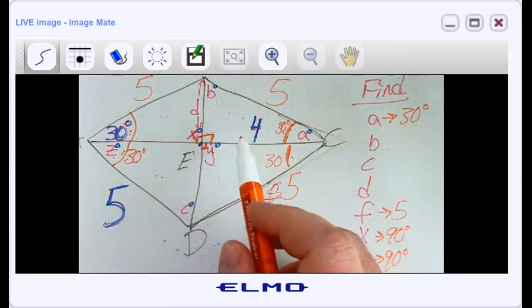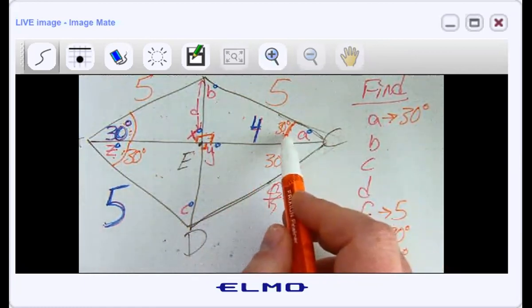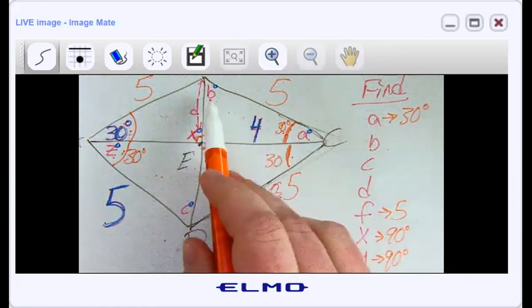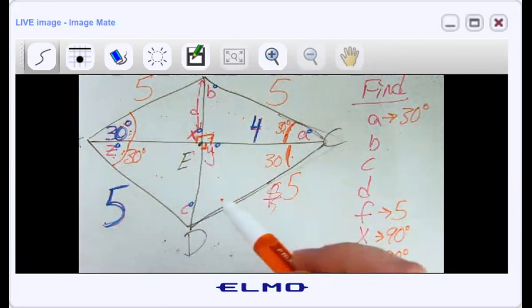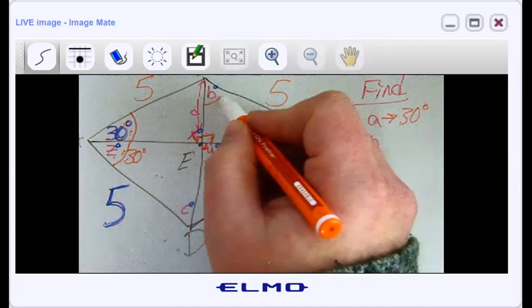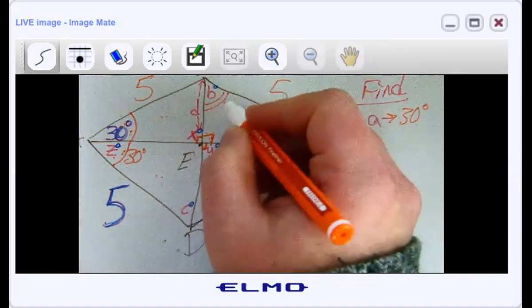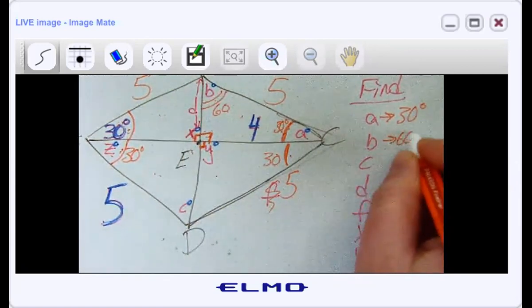If it's a triangle, it has to add up to 180. So I already have 90, and then another 30. That gets me up to 120. That means angle B has to be 60. Angle B is just this piece right here. That one's got to be 60. So angle B, 60. Got it.